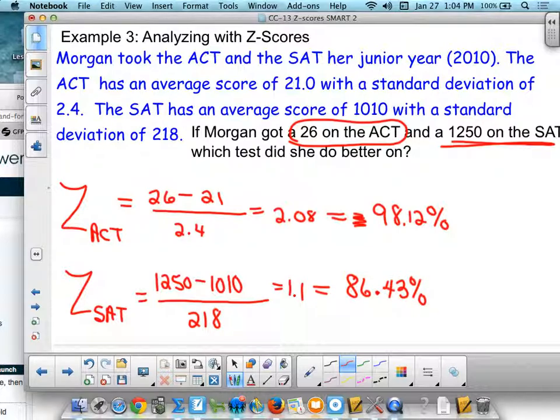Which test did she do better on? The ACT. Because she did better than what percent of the population? She's in the top 2% with that score of a 26. She's in the top 15% here with that score. So the answer to this question is she did better on the ACT test.